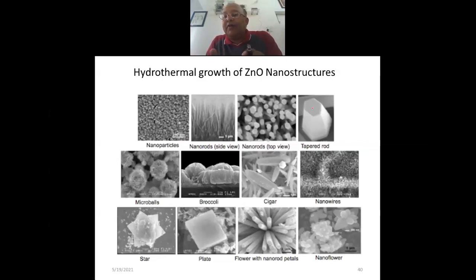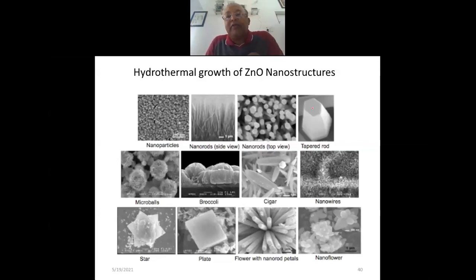And not only the shape changes, there are certain property changes also. So think about it. It's so easy. A simple process, simply by controlling certain parameters, we can have a huge plethora of nanostructures. That's how nature has been doing it, and we are learning from nature.